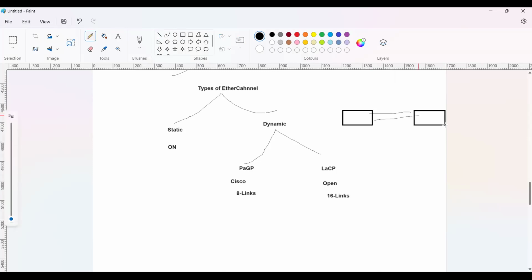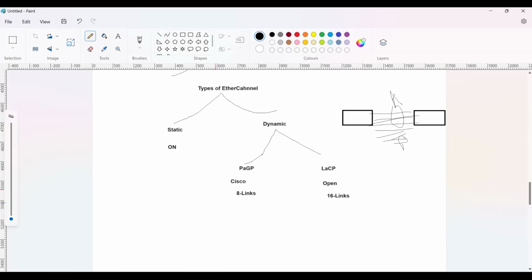In these 16 links, 8 will be active and 8 will be standby, or passive. This is active and this is passive. But in PAgP, we use active only. These all are the links. 8 links will be in active mode only.